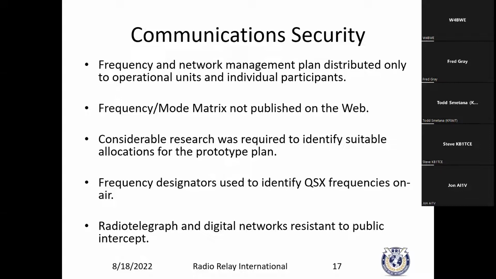We purposely did not publish this information on the web. The main reason is we didn't want spontaneous volunteers bypassing their local or section ARES or NTS nets. So we kept it under wraps.